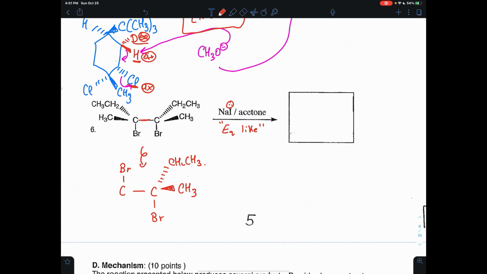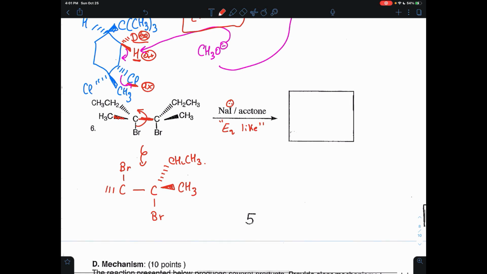So you hold this one down inside. Once you flip this one up, those two are going to flip the conformation. So my methyl is now on a dash, and my ethyl is now on a wedge. So that would look something like this. My methyl like this, and my ethyl is going to be on a wedge.